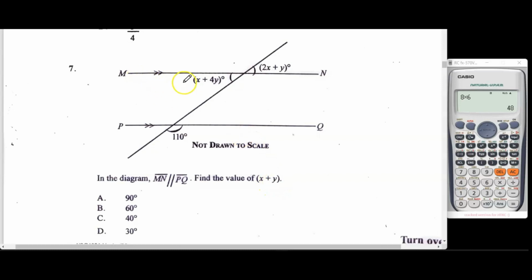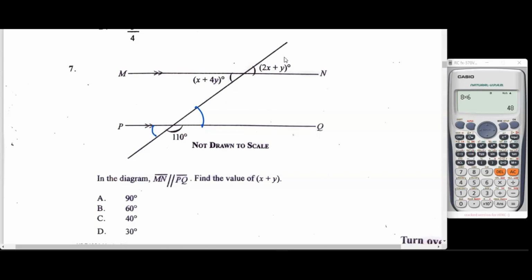You should know that the angle properties on parallel lines and transversal lines work as follows. These two angles here are vertically opposite to each other. Also, we can say that the angle x plus 4y degrees is alternate here, or you can equally say it is corresponding down here.